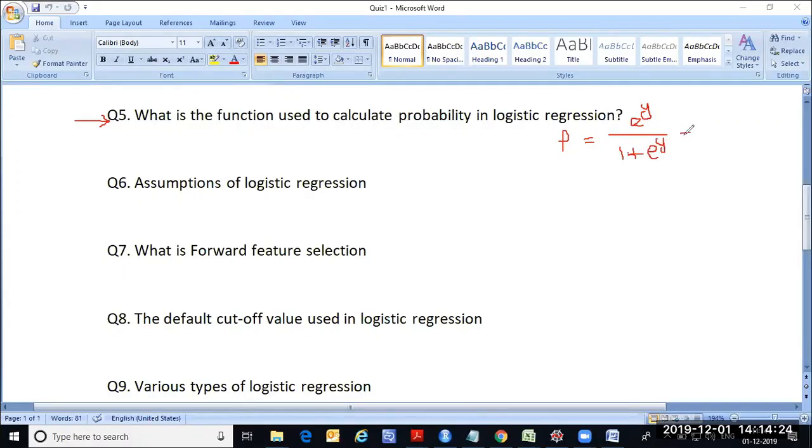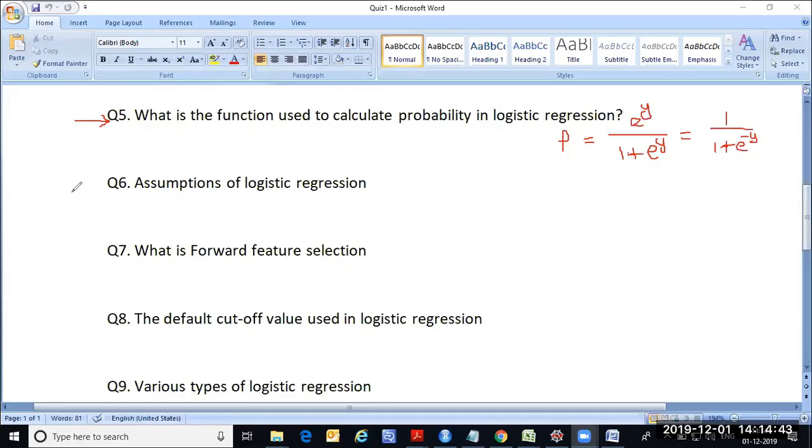Or it can also be written as 1 by 1 plus e power minus y. Both are same. Correct?